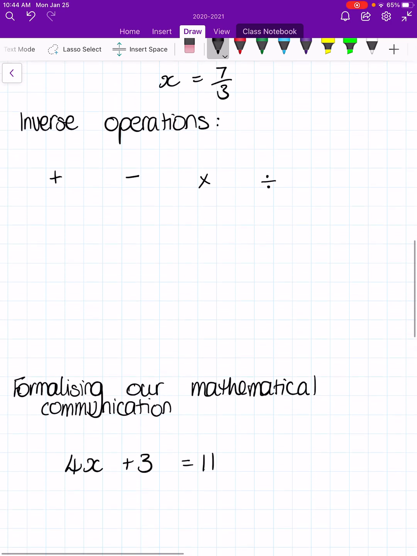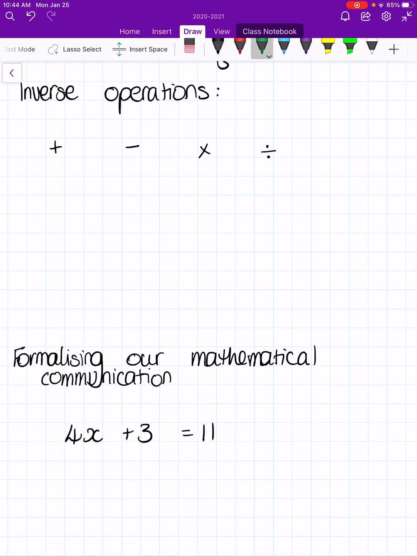So what we've been working with here is the idea of inverse operations. The opposite of adding is to subtract, the opposite of subtracting is adding, with multiplication the opposite is division, and with division it's multiplication.